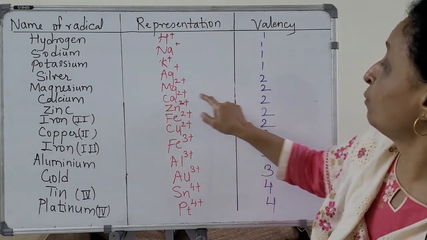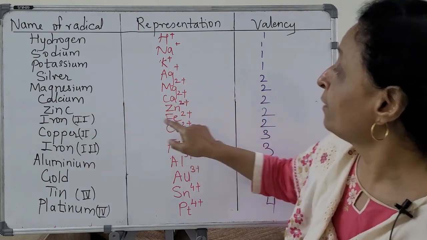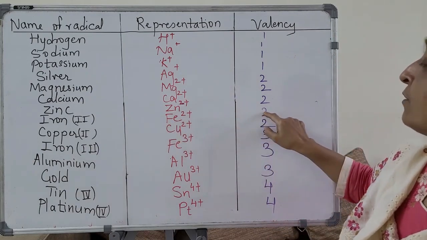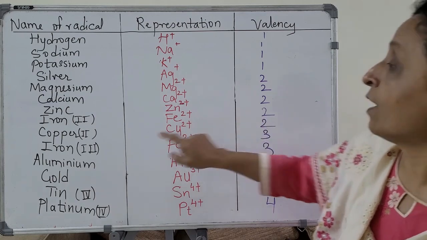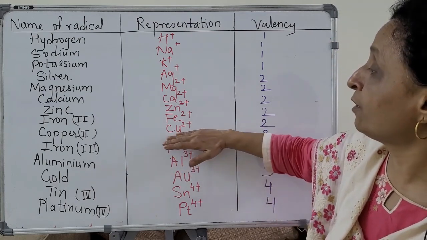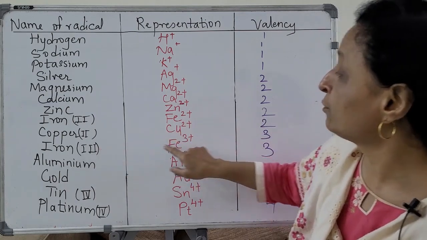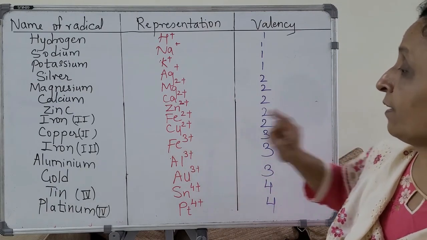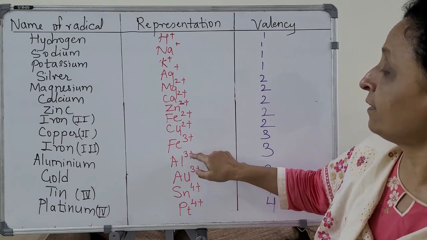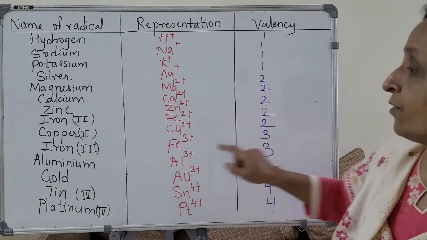Zinc 2 plus. Iron Fe 2 plus. Copper Cu 2 plus. Up till copper it is 2. Iron, you see Fe 3 plus, that is the valency is 3. Aluminium Al 3 plus, valency is 3.